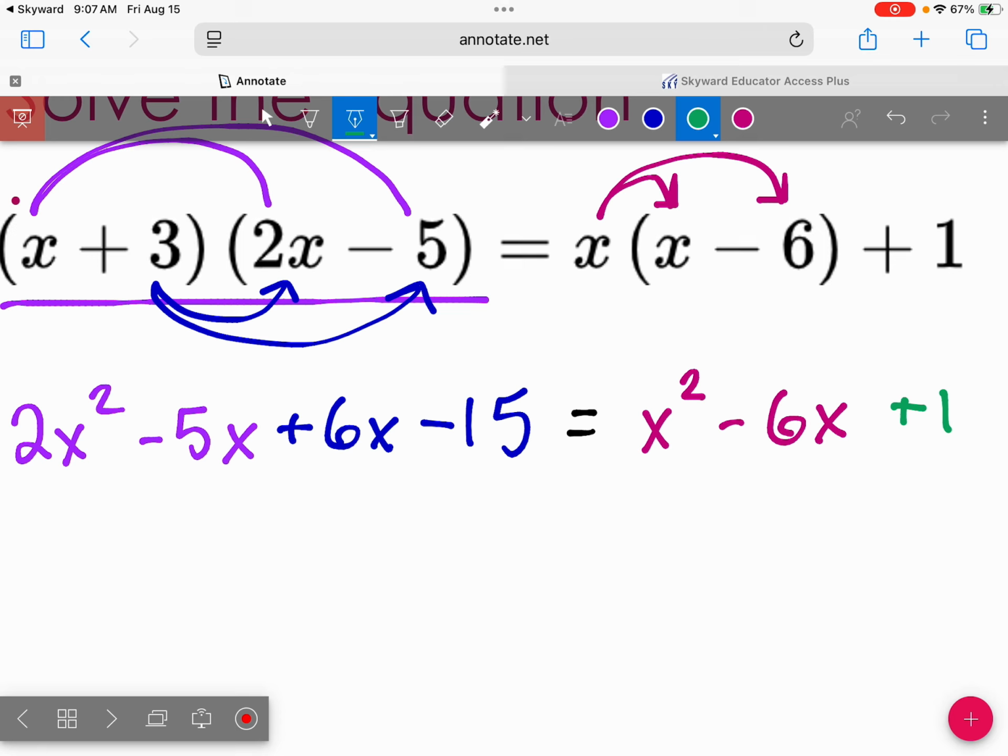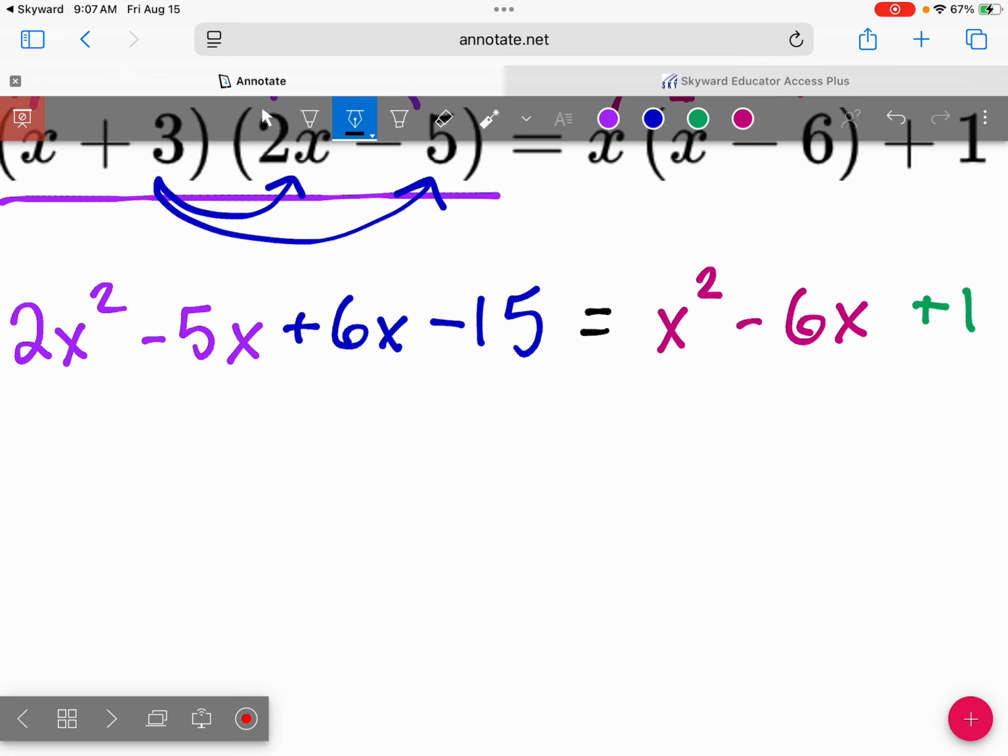Plus 1. There we go. Then I'm going to combine my like terms together, just because I like to do so before we try and solve stuff. Our 2x squared minus 5x plus 6x, we get a plus 1x. You can either put plus x or include the 1. It genuinely does not matter. It means the exact same thing.